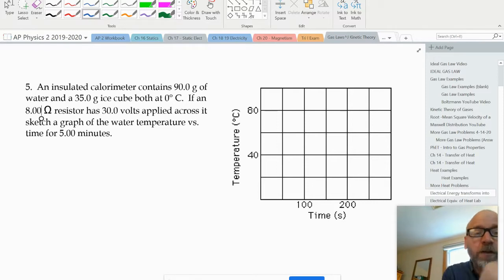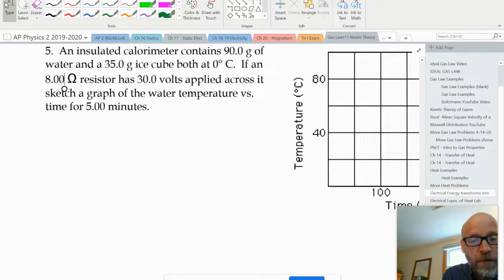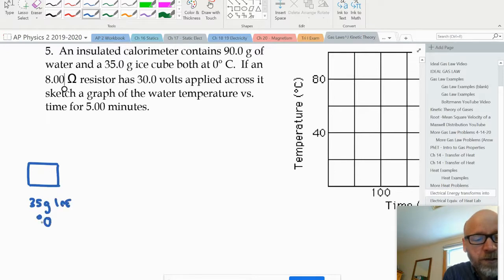Now, I'm going to start off with a diagram. And in this picture, we have our 35 grams of ice at 0 degrees Celsius. And I'm going to have to heat that until it becomes a liquid. So that heat, Q, would be added to the system.